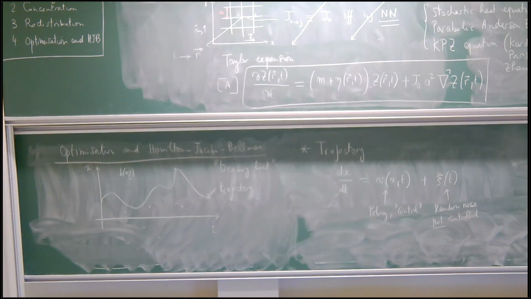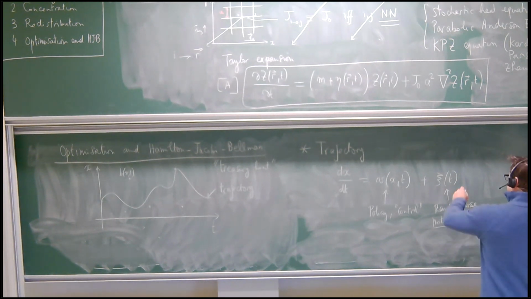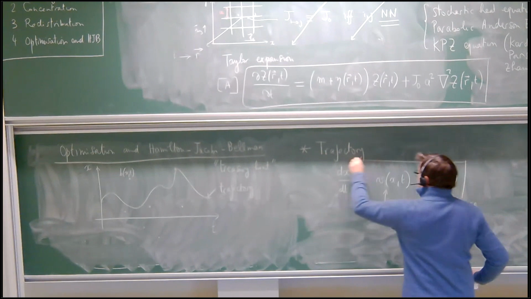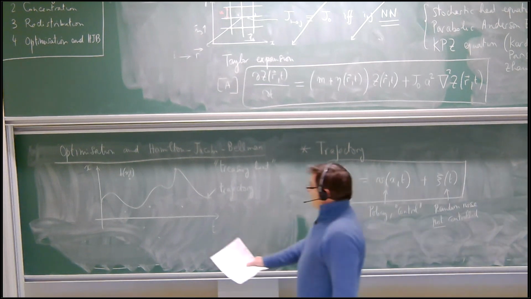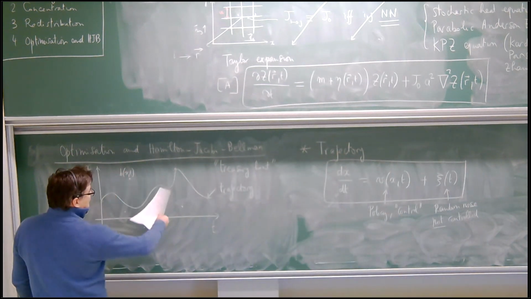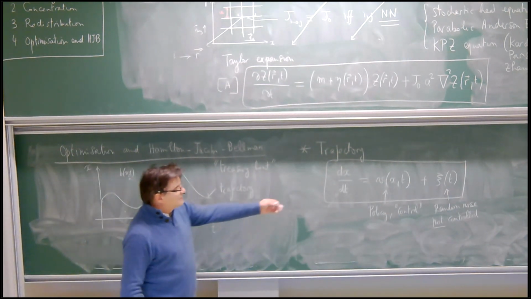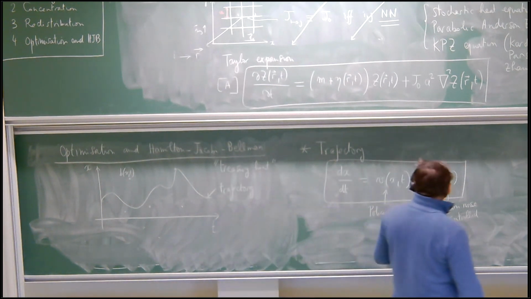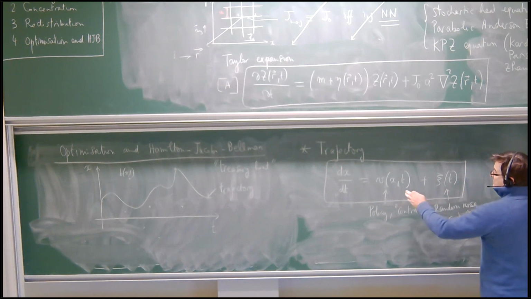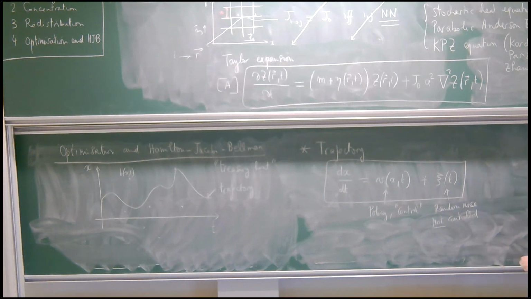That's a description of the trajectory. The line x of t that I've drawn here is just integrating this equation of motion. But the first problem is that there's a noise term that prevents you from fully controlling your actual velocity.